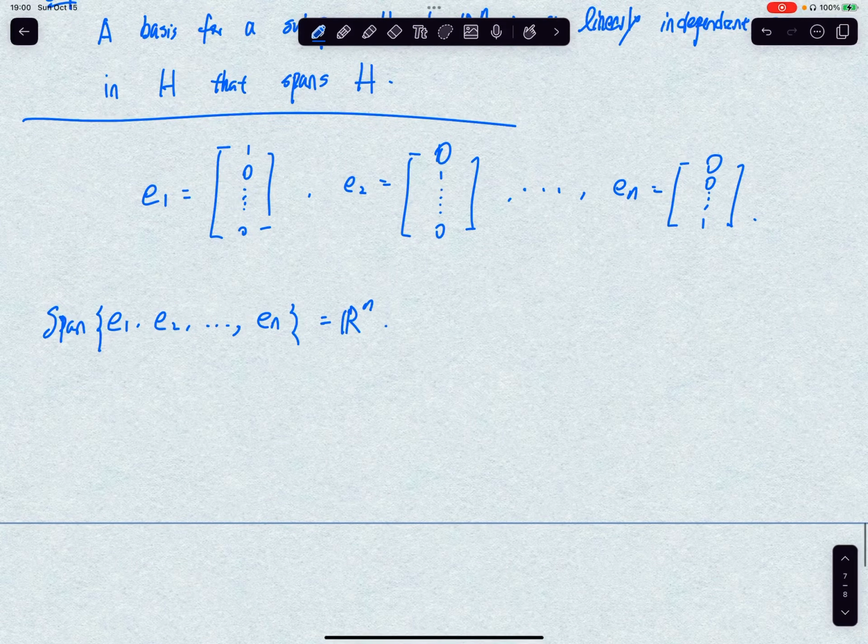And now we introduce the concept of the pivot column.